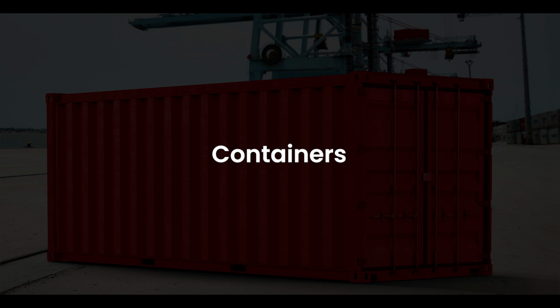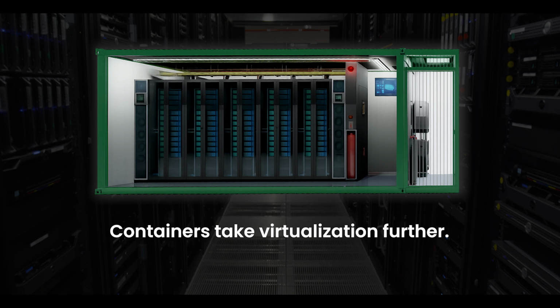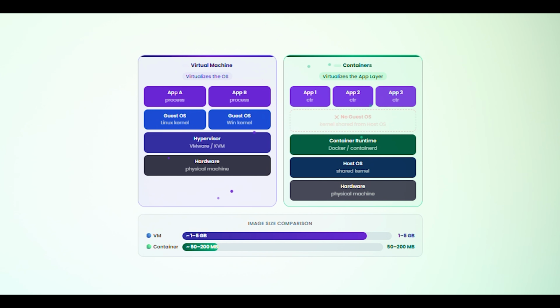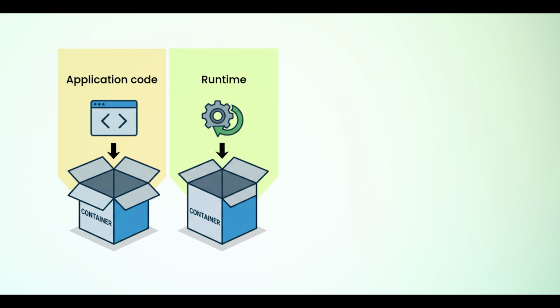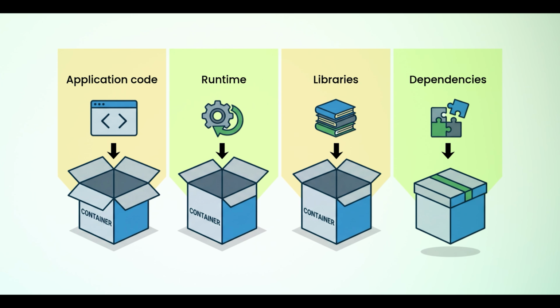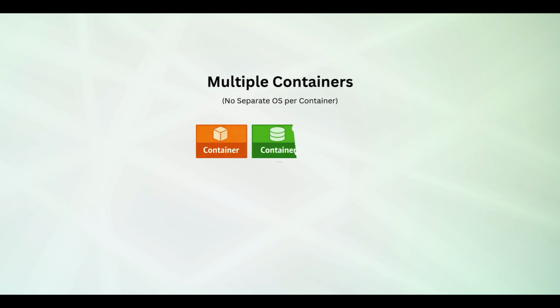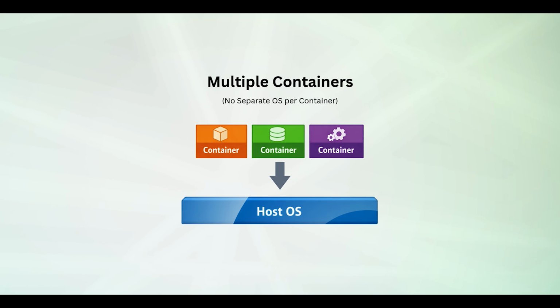Containers. Now let's look at containers. Containers take virtualization further. Instead of virtualizing entire operating systems, containers virtualize the application layer. A container packages the application code, its runtime, its libraries, and its dependencies into a single lightweight unit. Because containers share the host operating system kernel, they start faster and use fewer resources than virtual machines.